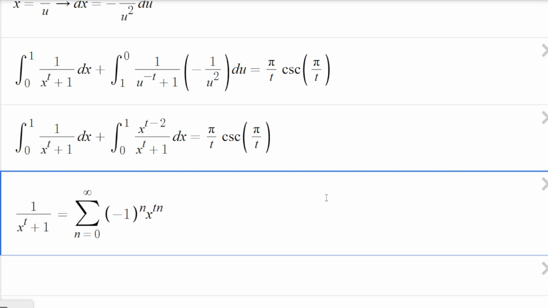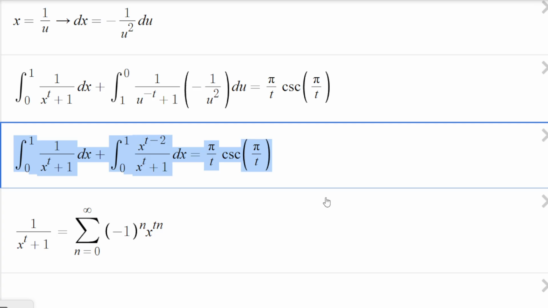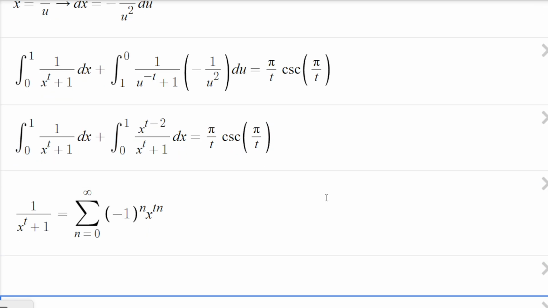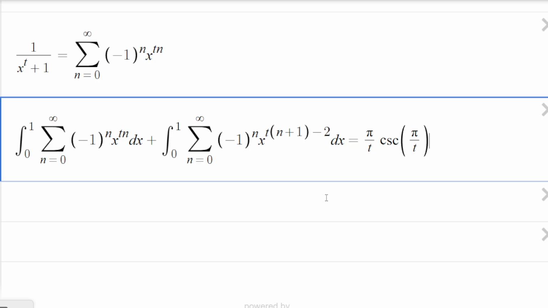All right, now let's recognize that we can express 1 over x to the t plus 1 as the sum from n equals 0 to infinity of negative 1 to the n times x to the tn. So we can replace any instance of 1 over x to the t plus 1 with that infinite sum. So that's what we'll do.